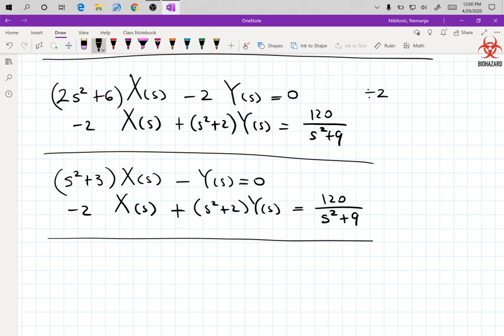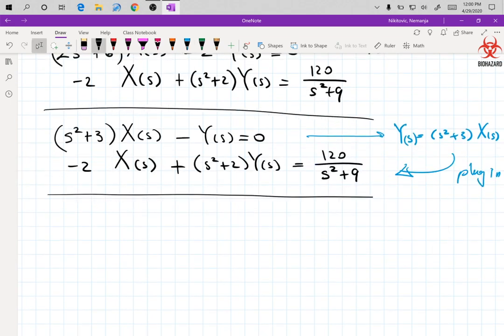Solve the system. Well, this one is a joke. y of s is equal to s squared plus 3 times x of s, right? Just solve for y of s and then plug in. We use a basic substitution. You can use elimination as well. And your matrix obviously won't work here because it's just a mess.